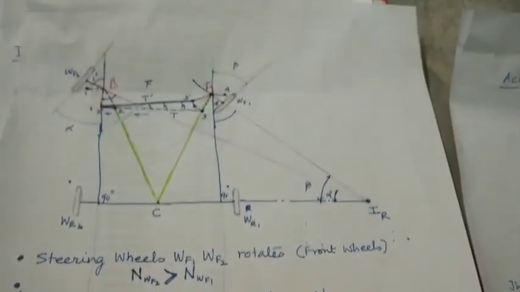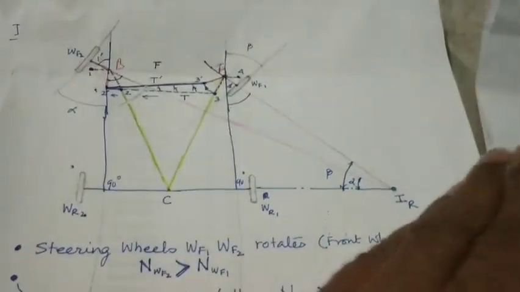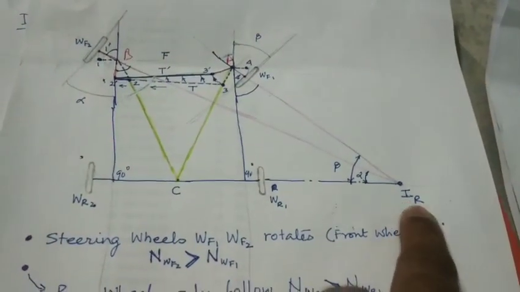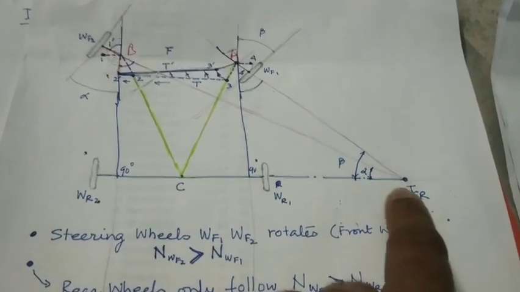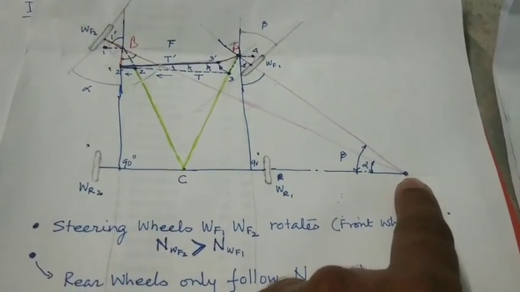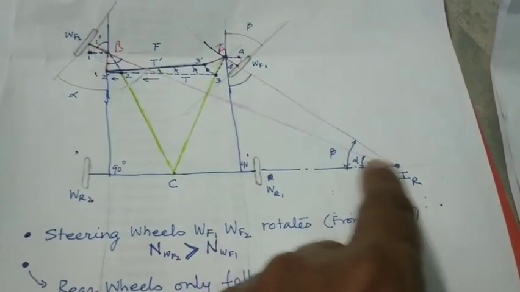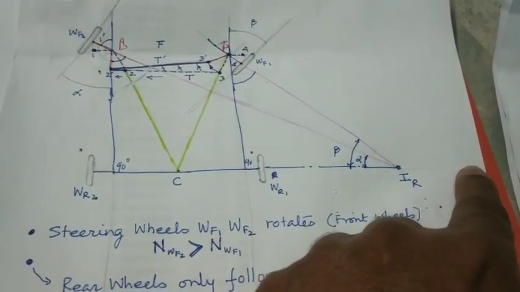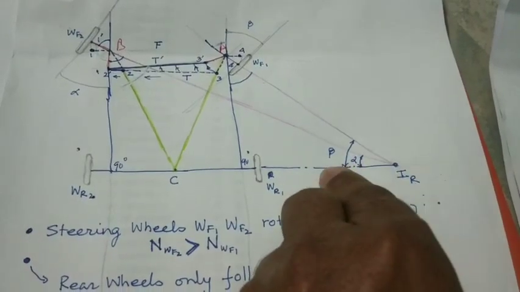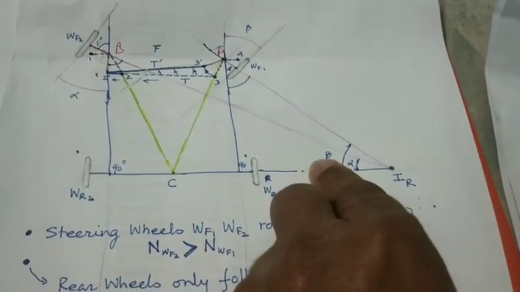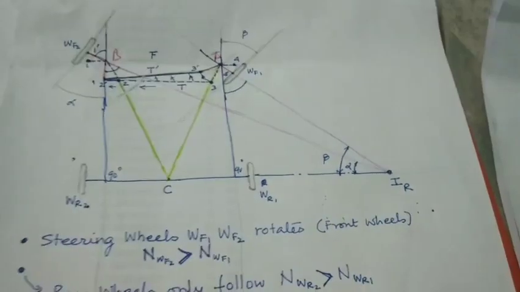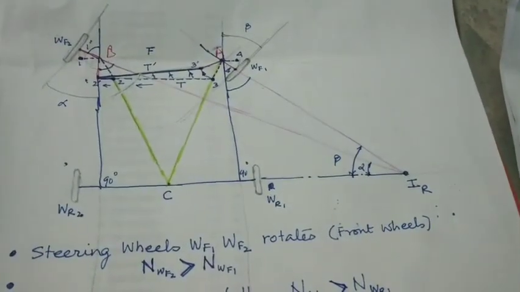And I is the instantaneous center. If we are turning toward the right hand side, then I, the right hand side instantaneous center, will be having a position. Depending on the amount of turn that we take with the wheel, this instantaneous center will be here, and it can shift up to here and it can go up to here. It will vary from position to position depending upon the steering amount that you have taken.